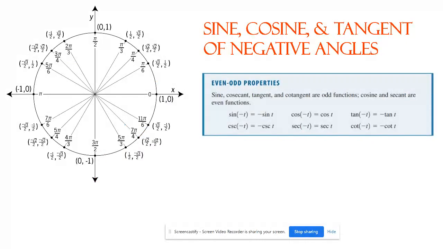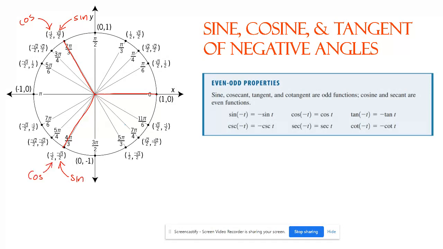So what we noticed on that last slide is that if we have positive 2 over 3 pi, that angle, the sine is positive square root of 3 over 2, and the cosine is negative 1/2. And if we have negative 2 pi over 3, which puts us down here, our sine is negative square root of 3 over 2, and our cosine is negative 1/2.